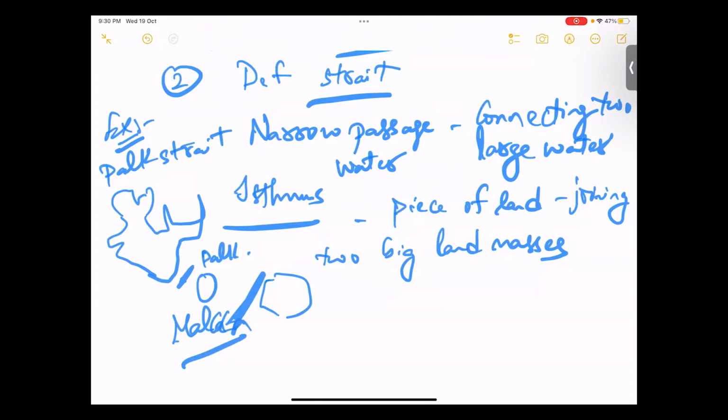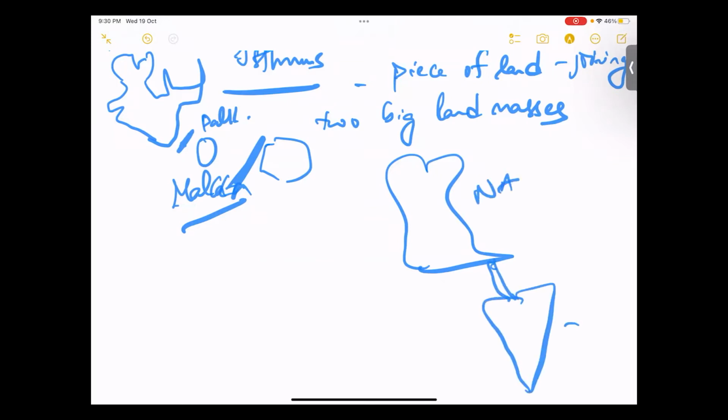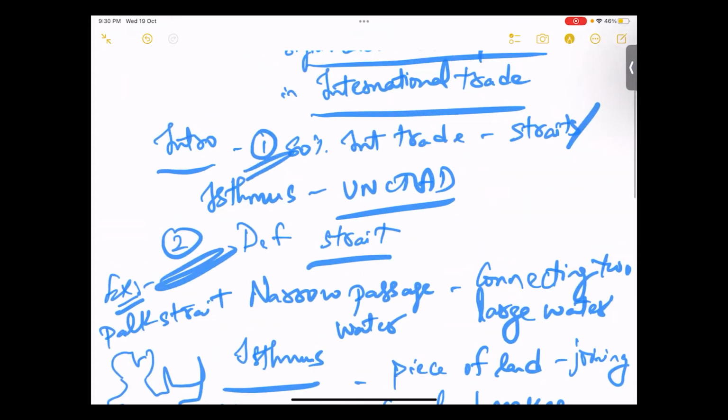And for isthmus, one of the very famous examples is North America joined to South America. This is the Isthmus of Panama, which is very famous and generally everyone remembers. So this is the way of introduction 2.